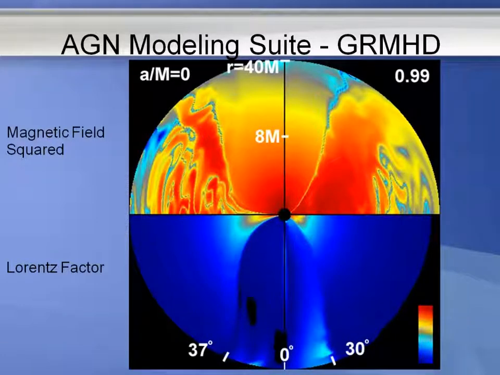What's of most interest in comparing these two cases is that you would have definite outflow formation along the pole here for the high spin case. Whereas for the low spin case, it is much less noticeable, and you even have points where they have a floor value of the Lorentz factor, which means those regions are moving very slowly.